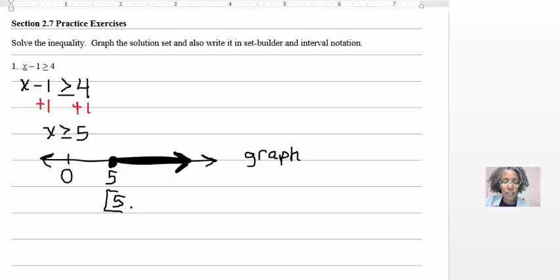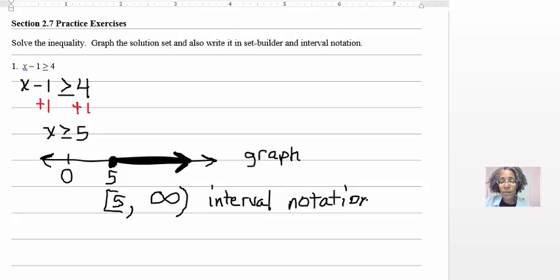You just want to make sure that your bracket is very clear, that it's a bracket and not a parenthesis. Indefinite movement to the right in interval notation is shown using the right-sided positive infinity symbol. So this is my interval notation. And then we want to use set builder notation. So I use a brace, which represents the set of all x such that x is bigger than or equal to 5.